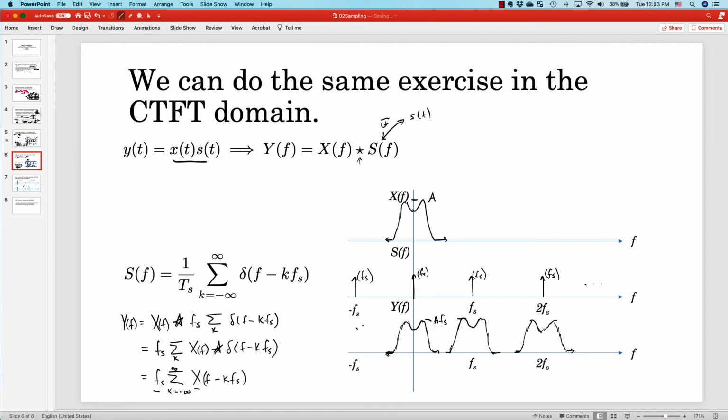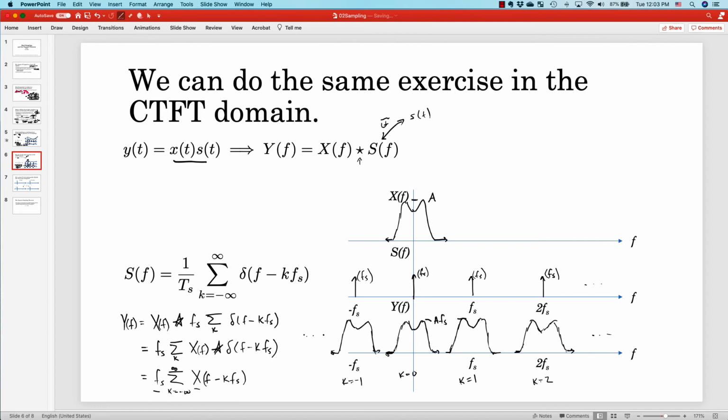And I do it in both directions. Okay, so if you need help following along, this is the k equals 0 copy. This is the little k equals 1 copy. This is little k equals 2 copy. And little k equals negative 1 copy. And these go on and on forever. These are called the spectral copies of x of f.